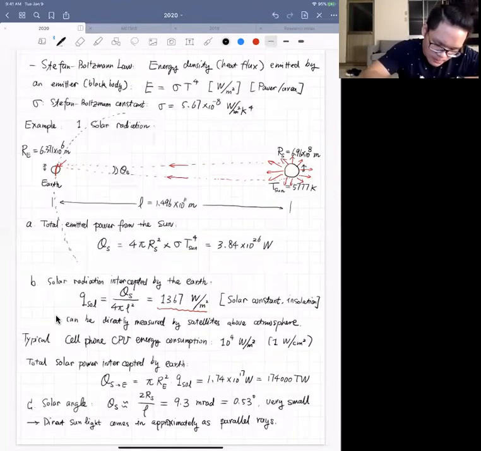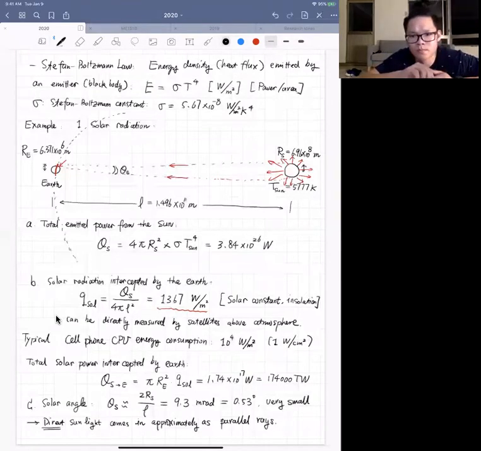But I emphasize here, this is the direct sunlight. Later we will discuss there is also diffuse sunlight. When the light passes through the atmosphere, some of the light is going to be scattered and become diffused. This is purely a geometric effect, because the sun is so far away from the Earth.